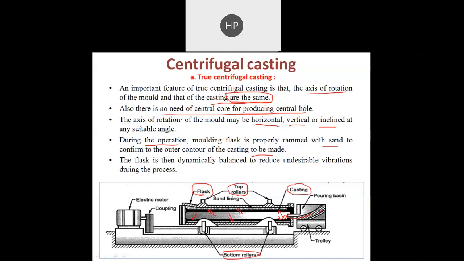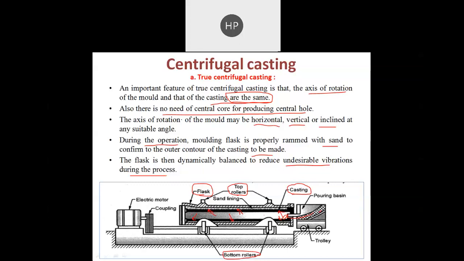Then the flask is dynamically balanced to avoid undesirable vibration due to the process. Whenever the flask rotates at a very high speed, unbalanced mass can cause vibration, and that vibration can be eliminated by proper balancing of the mass when it is rotated.